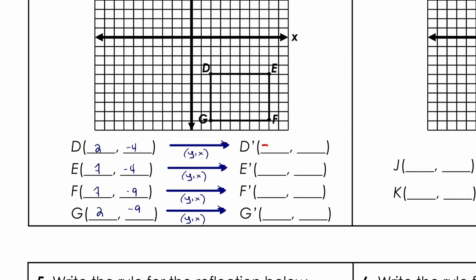So now we get -4, 2. We're not changing any of the signs. We're not multiplying by -1. We're just swapping places. So 7, -4. Swap them around. -4, 7. 7, -9. -9, 7. And then -9, 2.